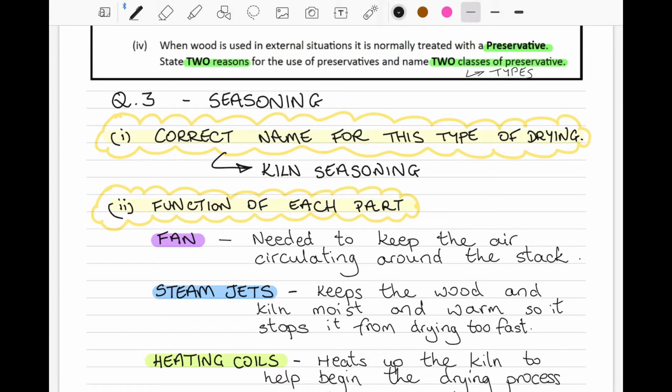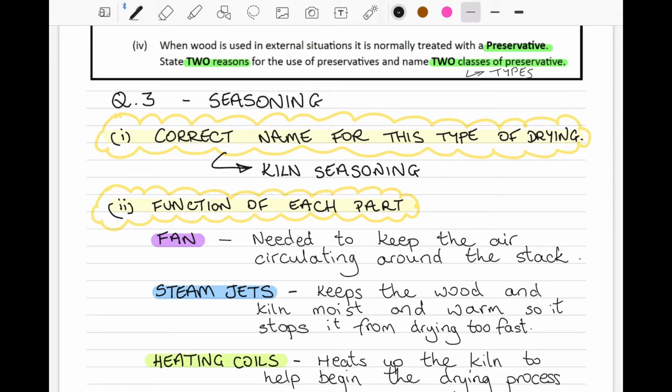My heading was seasoning, and the first thing they asked was, what is the correct name for this type of drying? The answer was kiln seasoning. You could have said compartment kiln seasoning as well, or progressive kiln seasoning.